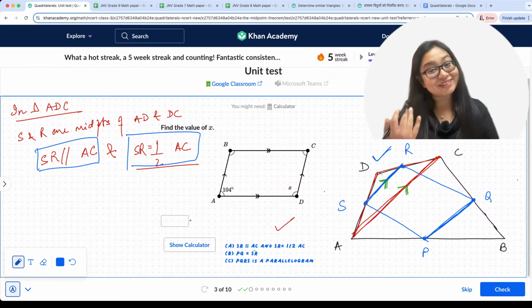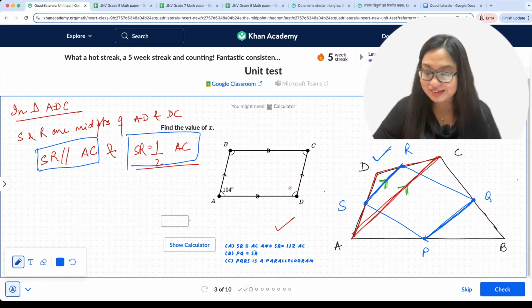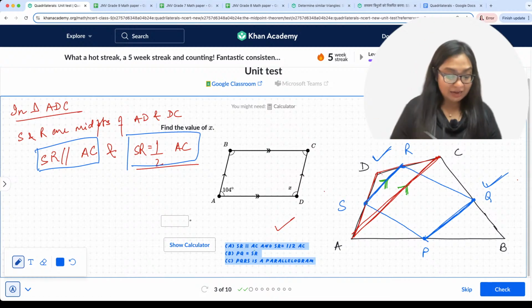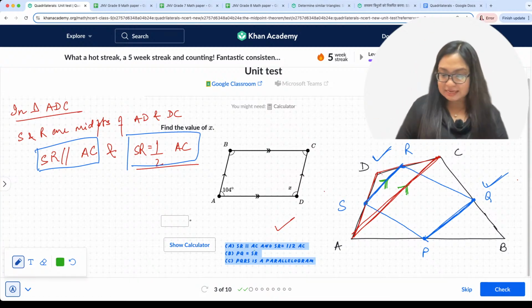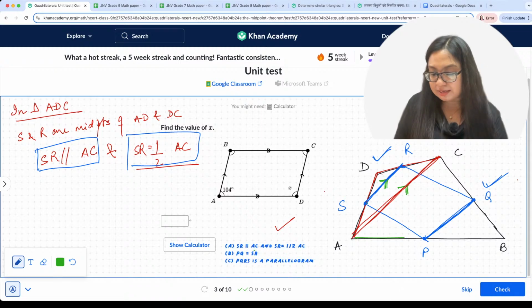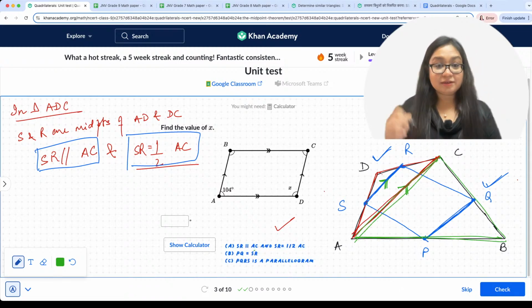We are going to take the other triangle, right? We are going to take this triangle right here. And we can say that let us concentrate on the green triangle. Okay, this green triangle. Do you see this? इस ग्रीन ट्रायंगल में क्या हो रहा है?